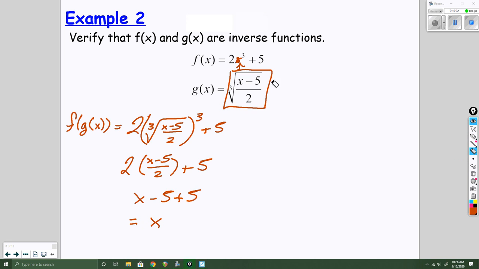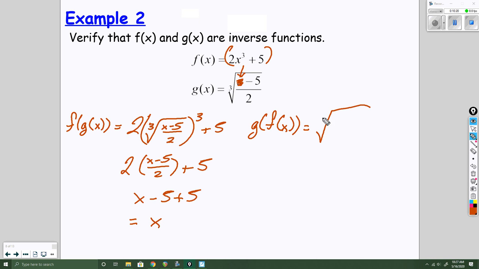Now we're going to take a look at g of f of x. We're taking function f and plugging it right there. So we're going to rewrite function g as the cubed root of 2x cubed plus 5, minus 5, all over 2.